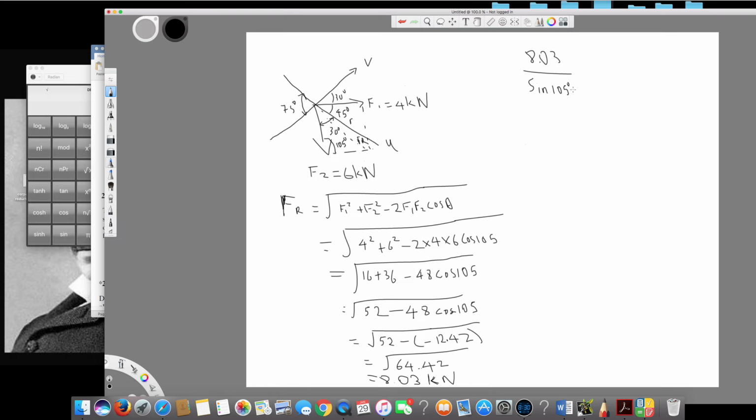I'm using that, and it is equal to Fr. Let's say the angle is theta, so sine theta is what we have to find. The opposite side is this line, which is equal to 6 kilonewton. You don't have to write kilonewton. Sine theta is going to be equal to 8.03 multiplied by 6 over sine 105.